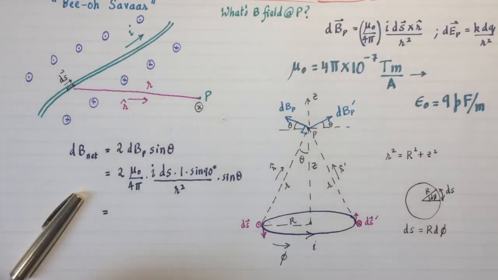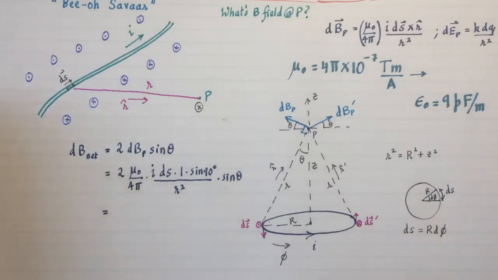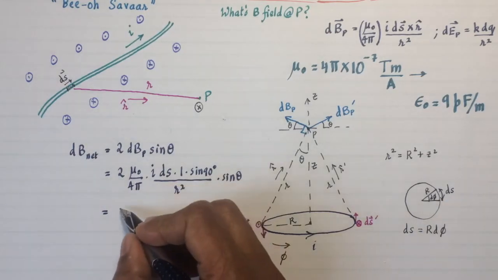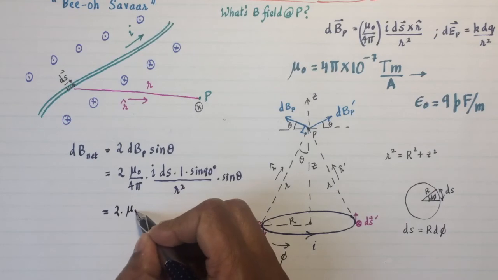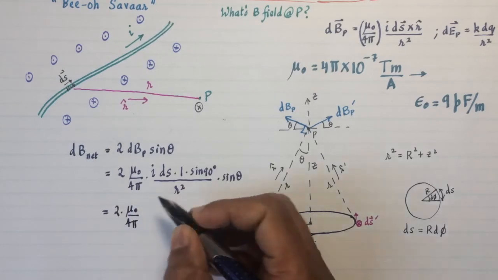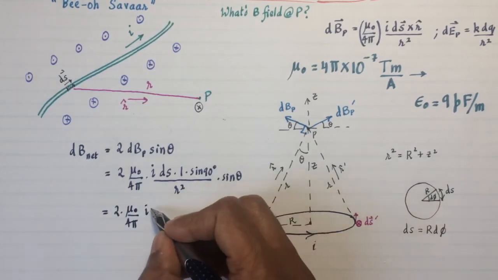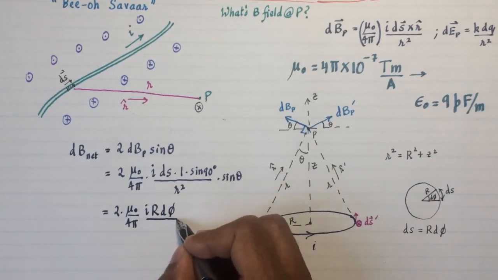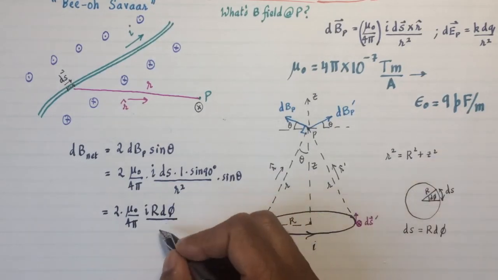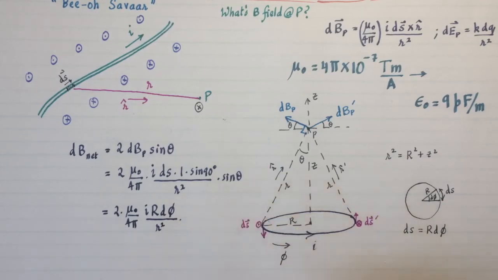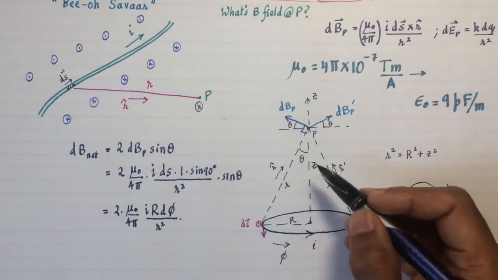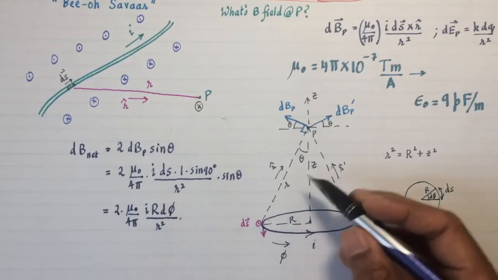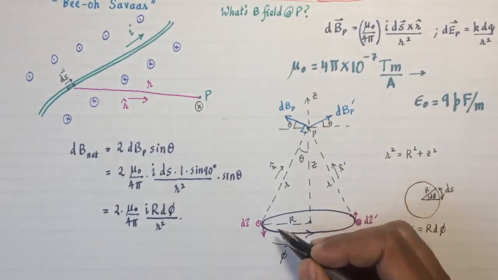Applying circular arc logic, so I'm going to get 2 times mu naught by 4 pi I times r d phi divided by r squared. Sine theta is next. Sine theta is, actually it's this way, so you have to turn your head a little.